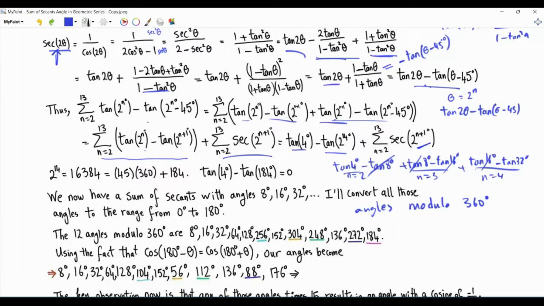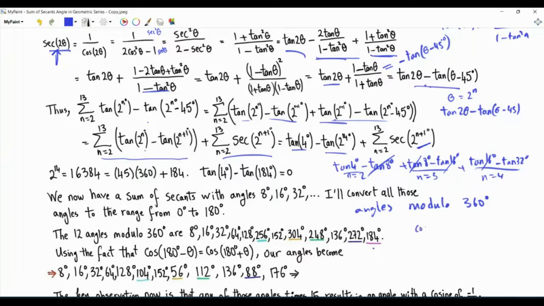Because we are interested in sec, and sec is the reciprocal of cosine, then we can exploit the fact that cosine of 180 degrees minus theta is equal to cosine of 180 degrees plus theta, which means that if we have an angle here that is above 180 degrees, let's say 184 degrees.